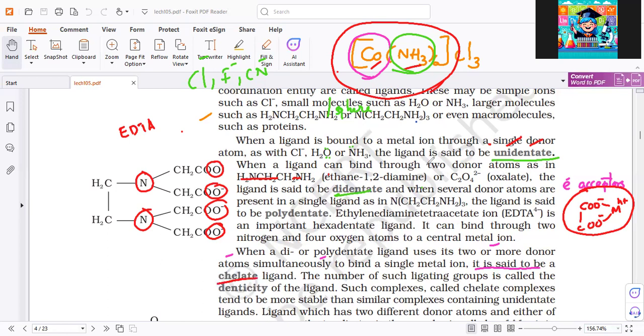This is a chelate ligand. So what is chelation? Chelation means a kind of cyclic bond formation in the case of complexes. So to a single metal ion, 2 or more donor atoms are simultaneously bound, then it is known as a chelate ligand.